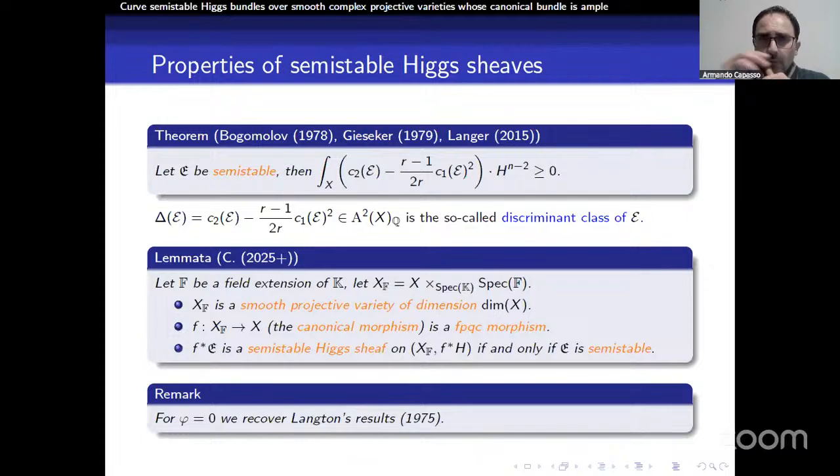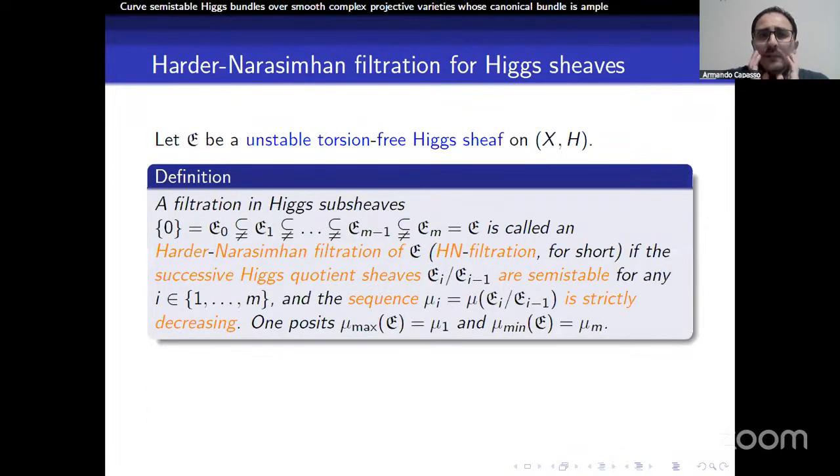And to conclude this first part, if E is an unstable torsion-free Higgs sheaf on X, one can consider the so-called Harder-Narasimhan filtration. I mean, a filtration of E in Higgs subsheaves E_m, E_{m-1}, ..., E_1, E_0, such that the successive Higgs quotient sheaves E_i over E_{i-1} are semistable for any i.